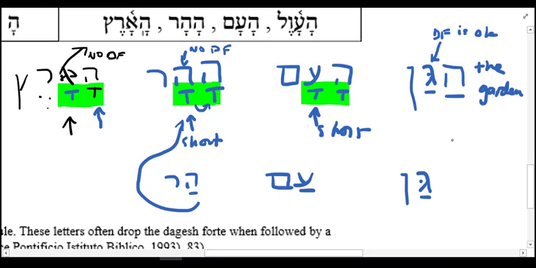So look, the hey, pathak, and doubling dot in the gimel, this is normal, standard vowel pointing. That's perfect. And that is the way the article is written with garden. But the gimel will lengthen its pathak to a kametz in this situation.